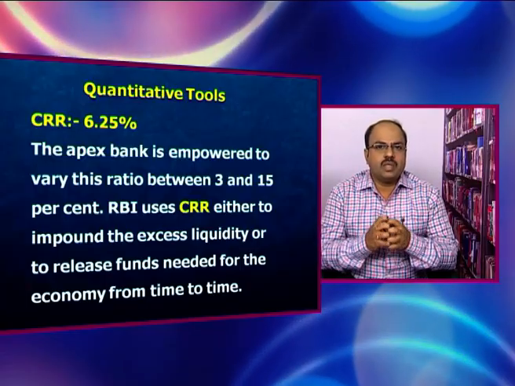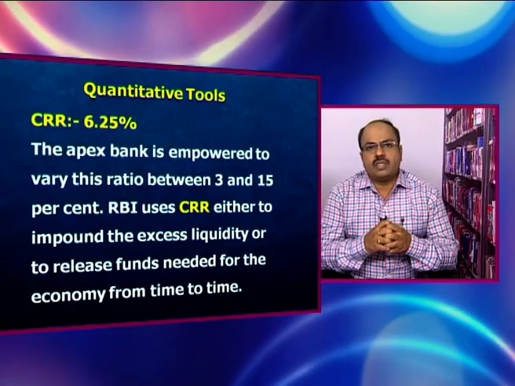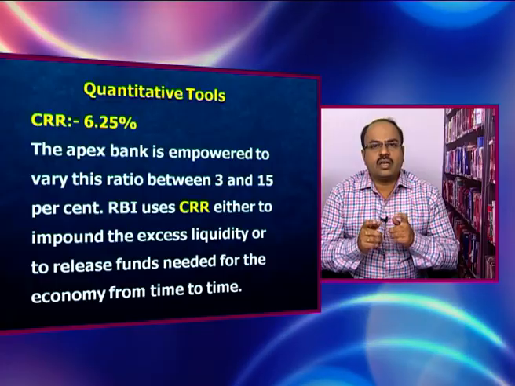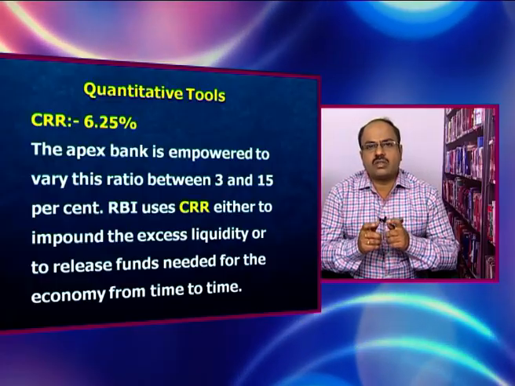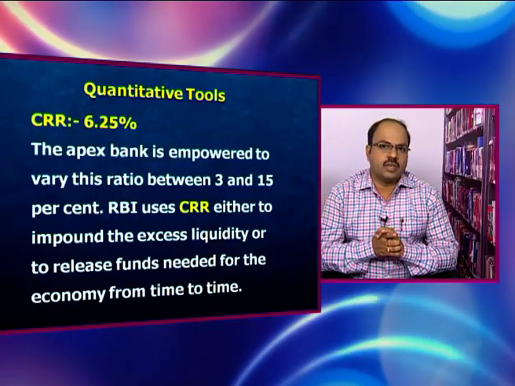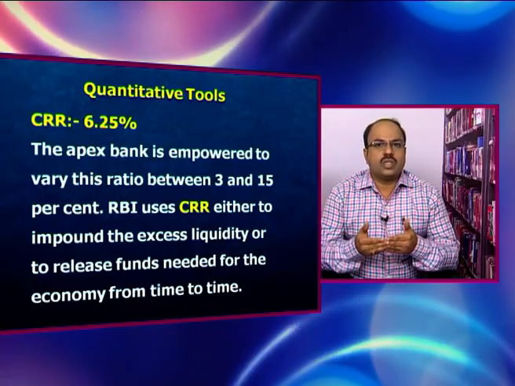A minimum of 3% and maximum of 15% can be fixed by Reserve Bank of India, means for each 100, 15 rupees or 15% can also be fixed. It is used whenever Reserve Bank of India feels that commercial banks are having excess liquidity or excess money, so that it can absorb money from commercial banks to Reserve Bank of India.